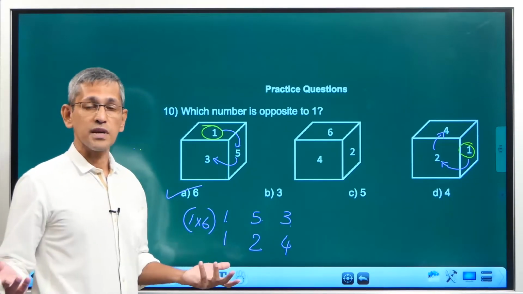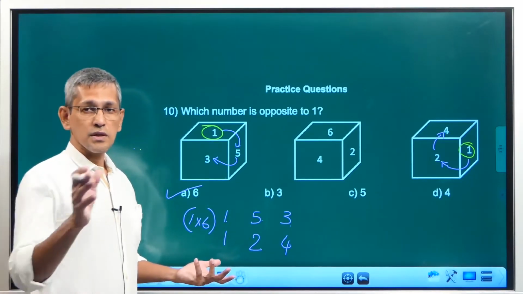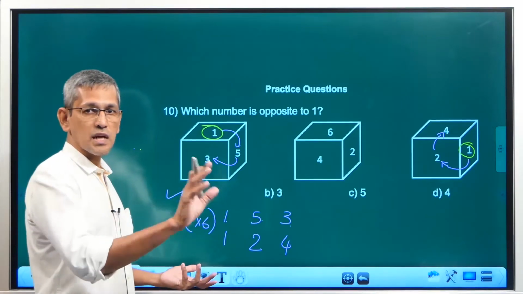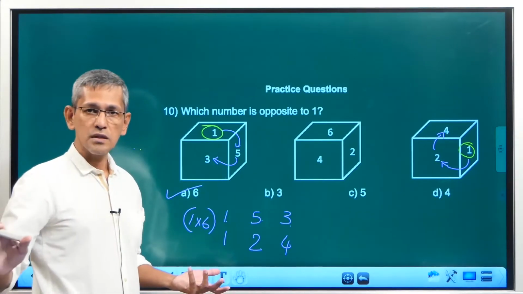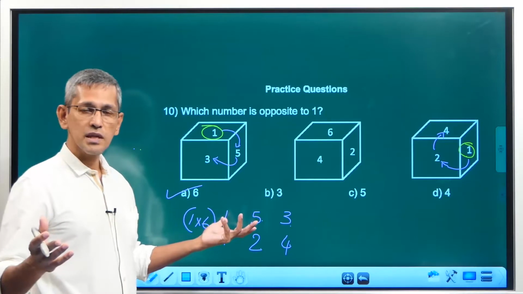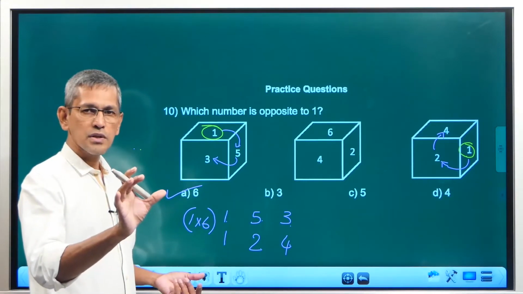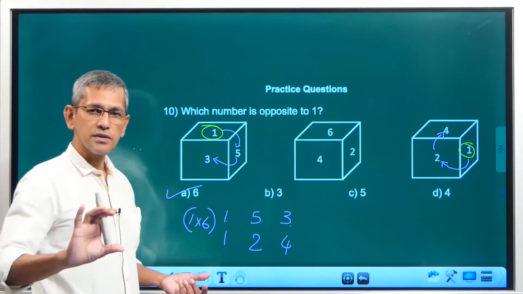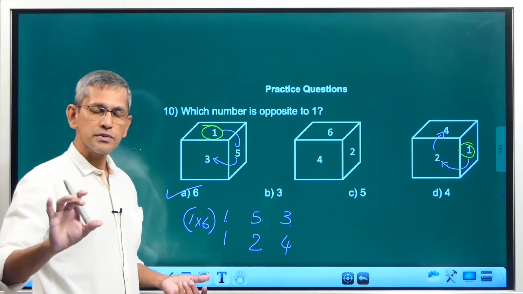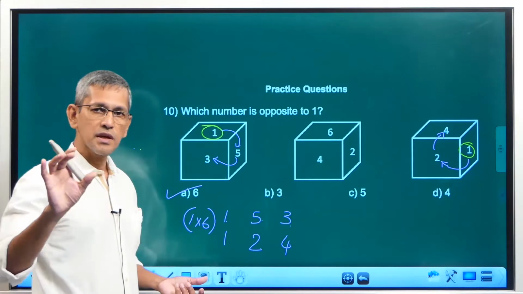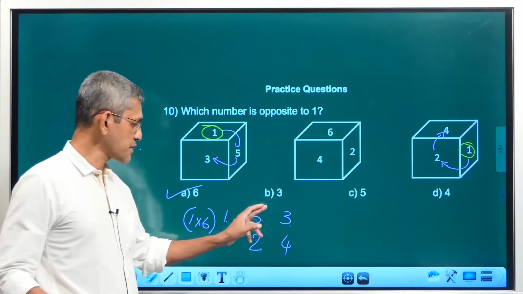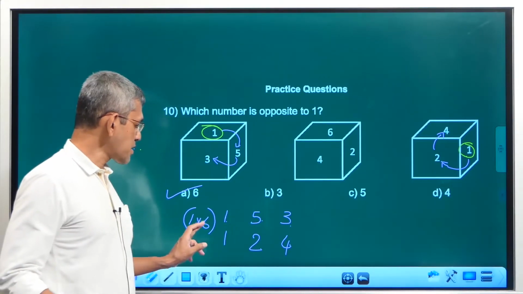And sometimes if they ask you the question whether it's a standard dice or an ordinary dice, how do you differentiate between that? Look at the numbers at the opposite faces. For all the opposite pairs, the sum of each pair is 7, like this. 3 and 4 is 7, 5 plus 2 is 7, 1 plus 6 is 7.